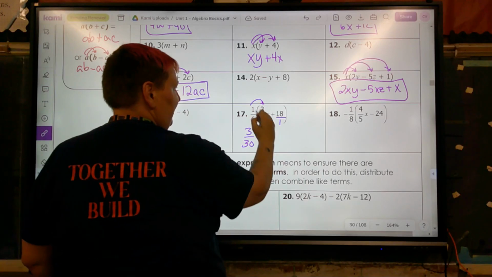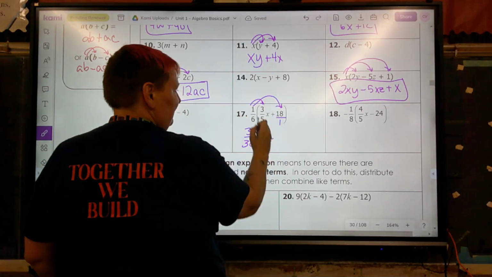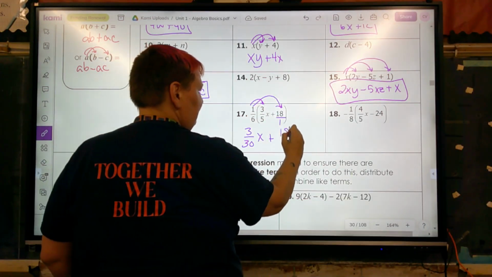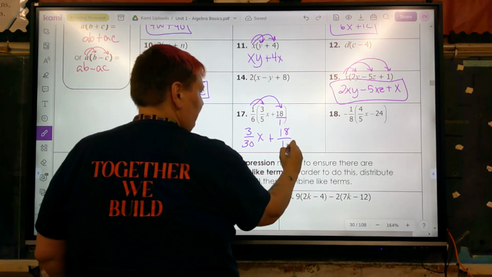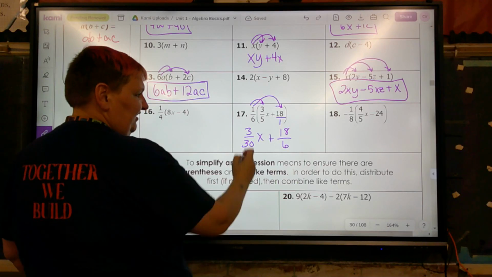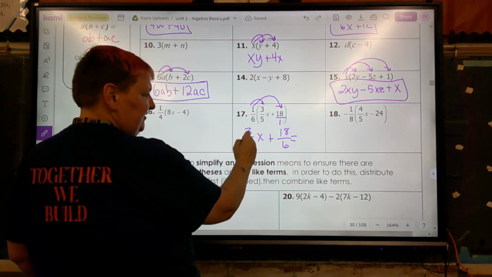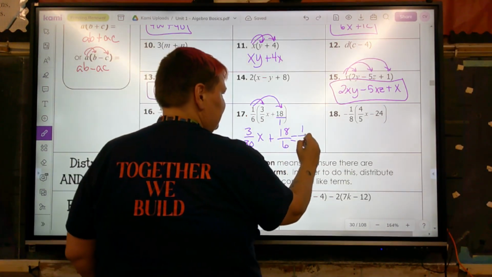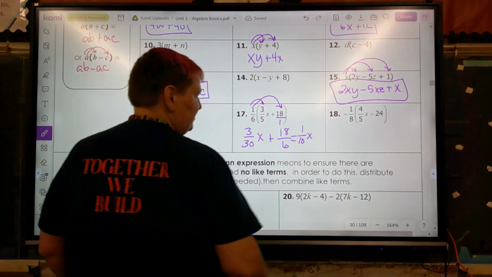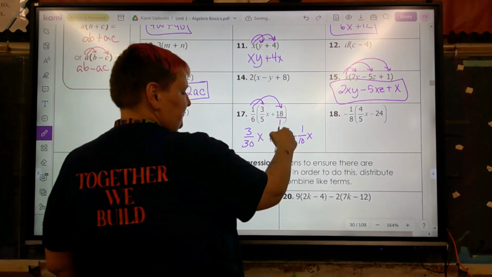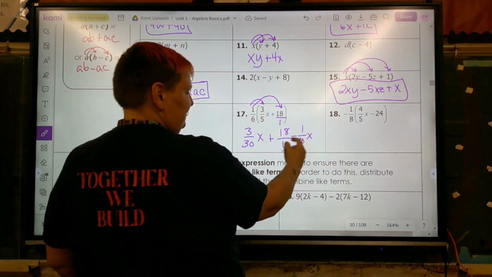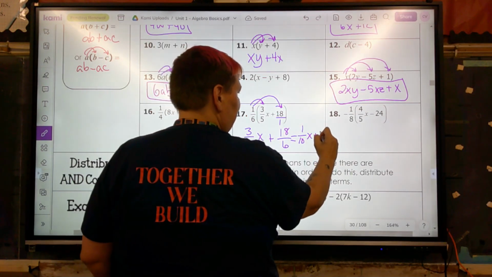Right? So now you're multiplying this. So 1 times 18, 6 times 1, right? Can this be simplified? Absolutely. Both of them can be divided by 3. You're left with 1 over 10x. Don't lose the x. Can this be simplified? Absolutely. 18 divided by 6 is 3.